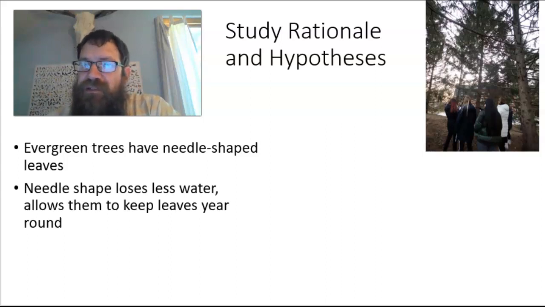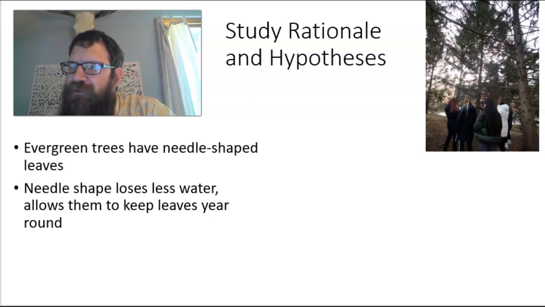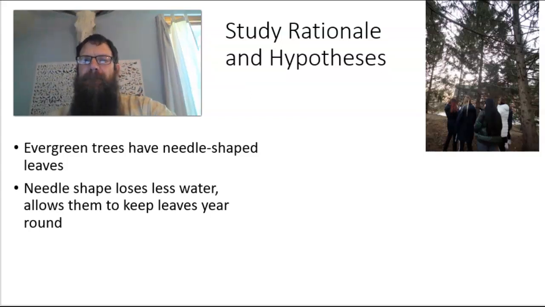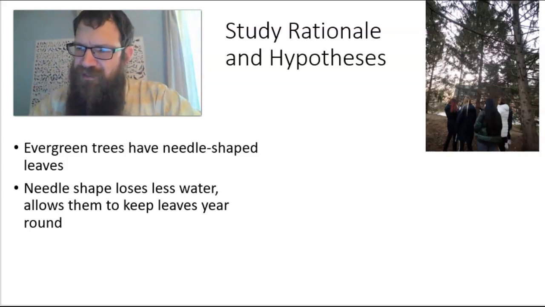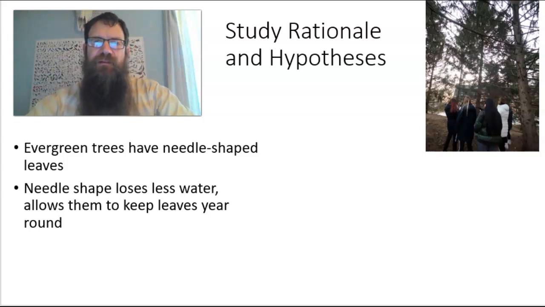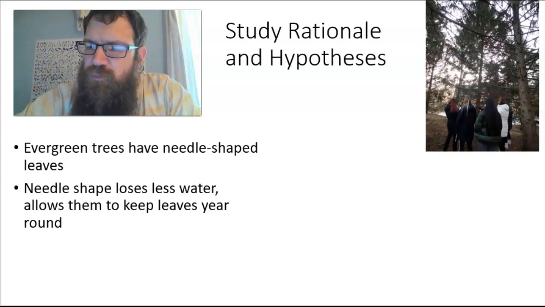Now, one of the big benefits of having those needle-shaped leaves, right, because if you think about what leaves normally do, they do photosynthesis. But having these little tiny skinny leaves doesn't seem great for photosynthesis. However, it does have the benefit of not losing nearly as much water.